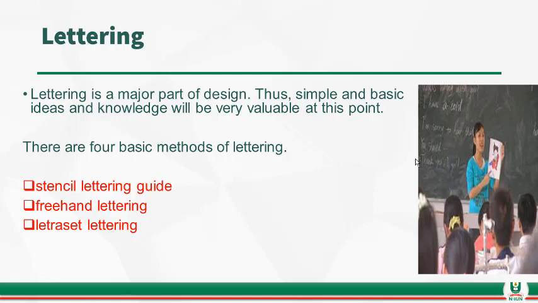Letter set lettering is easy to use. Each sheet is transparent and has a backing sheet to prevent the letters from abrasion during handling and storage. So we can just select any required letters as long as the drawing guidelines are followed. So these are the letter set lettering.